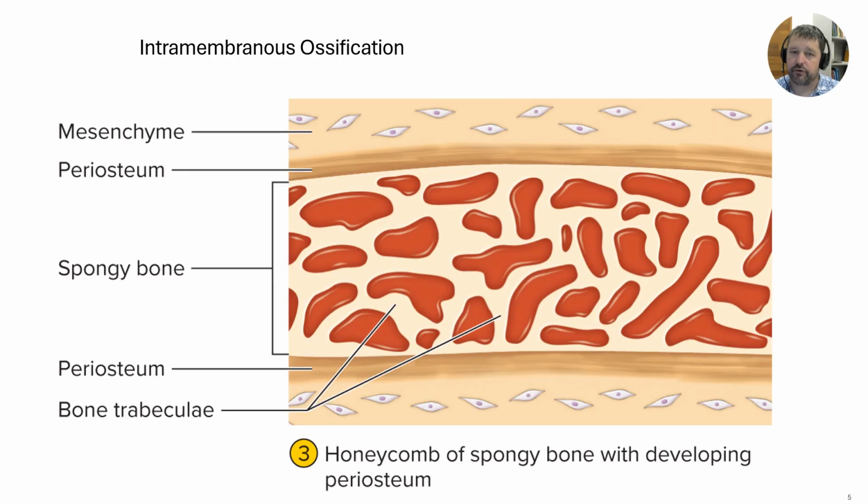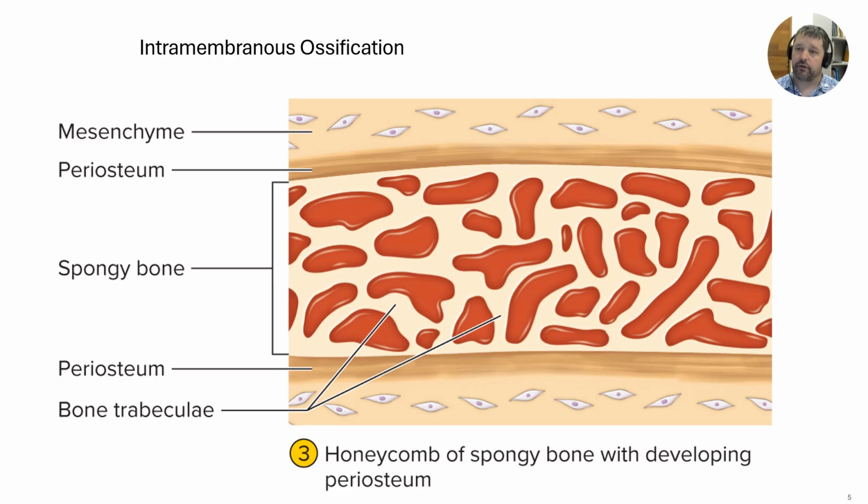After that, you have this periosteum that encases that region, and you might still have mesenchyme on the outside. Then you have this barrier, and that barrier allows spongy bone to start to form.